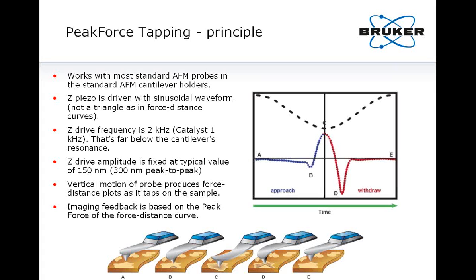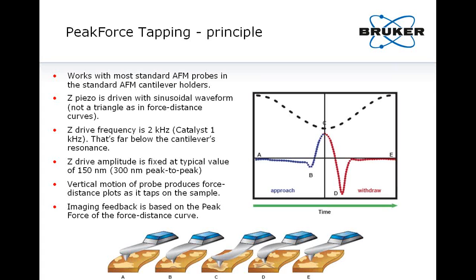To illustrate what peak force is, you can have a look at the schematic showing the different force fields experienced by the tip during an approach-retract cycle. The Z position is indicated by the dashed line, the black line on the top. In A, the tip is far off the surface and goes through an attractive field first until it reaches the contact point in B. Then it will start indenting into the sample, so this is a repulsive field, a positive force, until the maximum peak force, which is defined in C, and this is the value used for the feedback calculation.